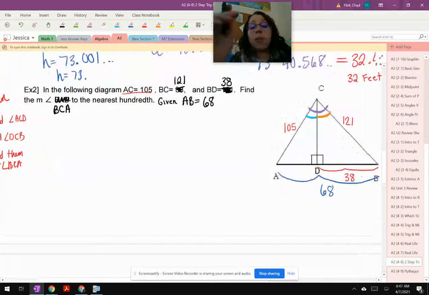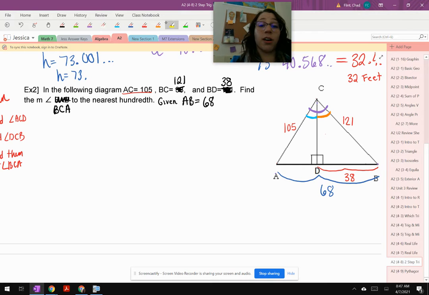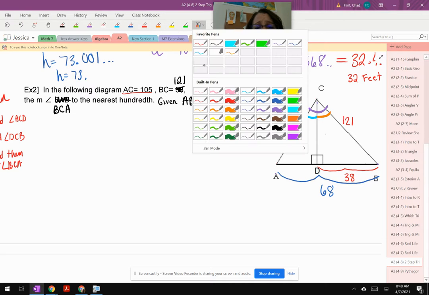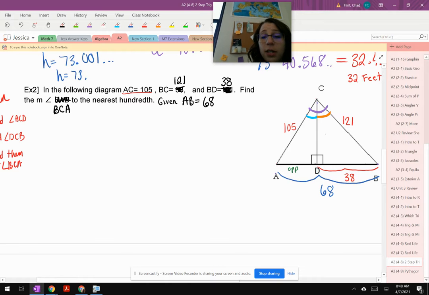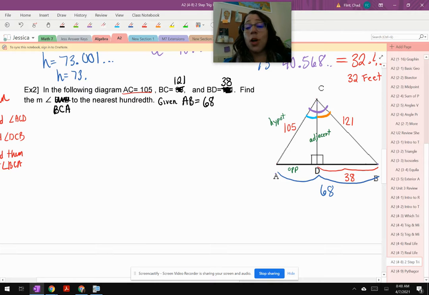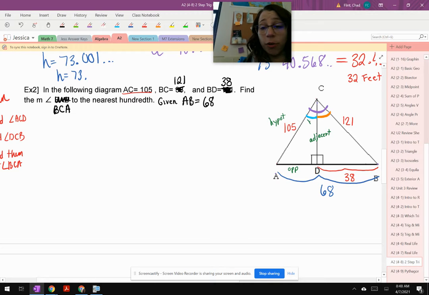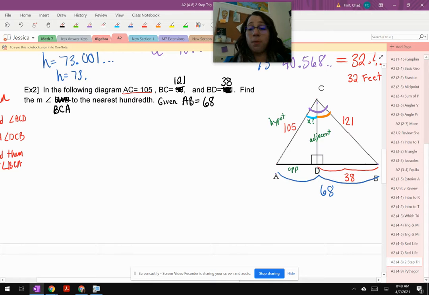So just like every other problem, I have to label my hypotenuse, adjacent, all that jazz. So let's go with green. From my blue angle, opposite that blue angle is over here. Across from my right angle is my hypotenuse. And then that leaves this side to be the adjacent. So I'm looking for that little blue angle.